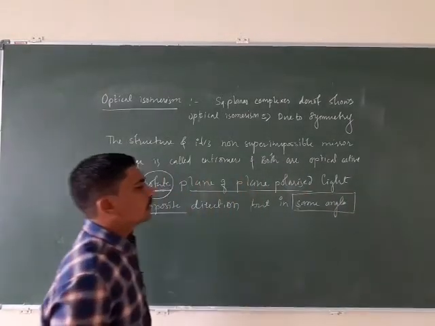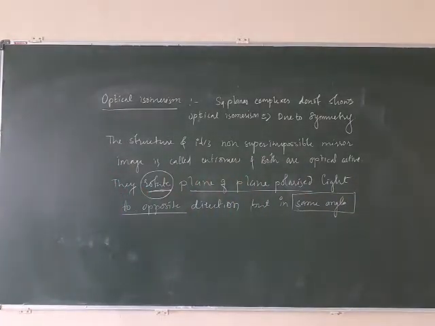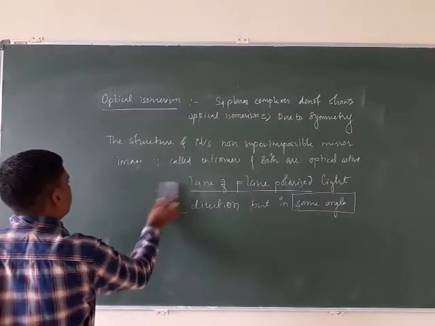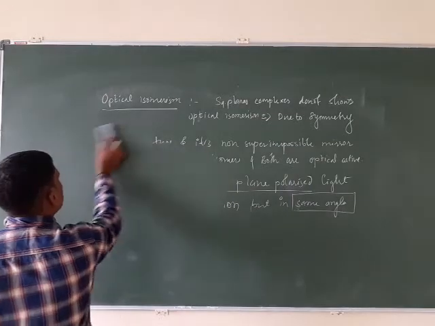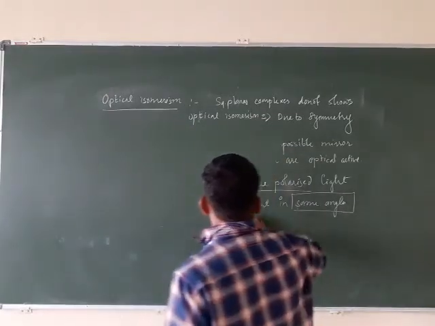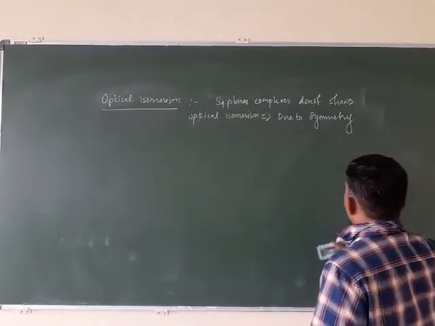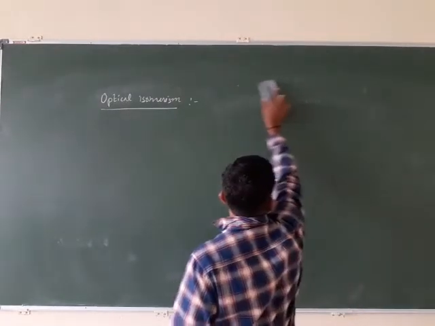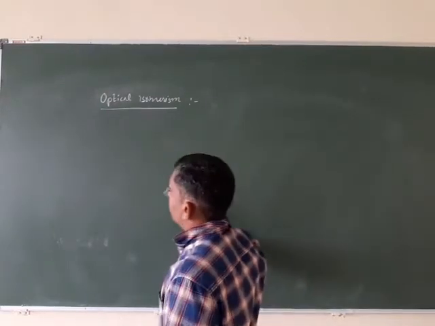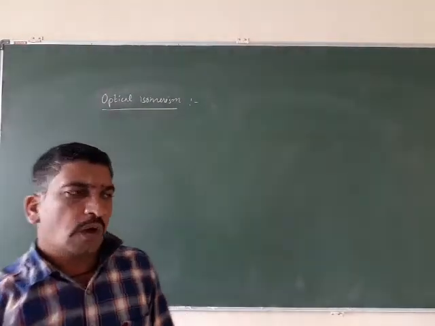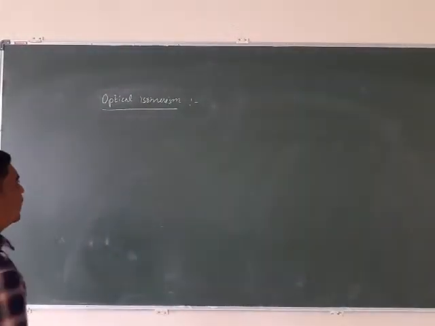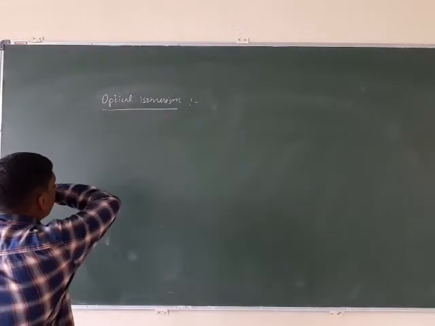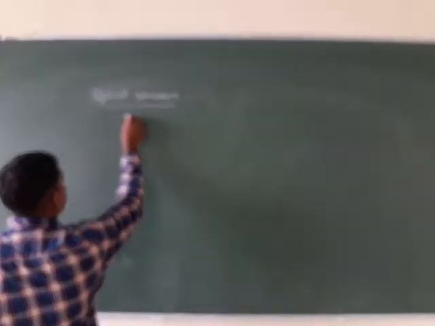So whenever we are discussing optical isomerism and drawing the two structures for optical isomers, both rotate plane polarized light either to the left or to the right hand side, but with the equal angle.